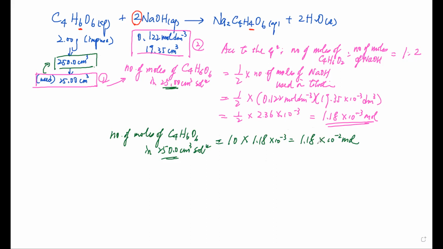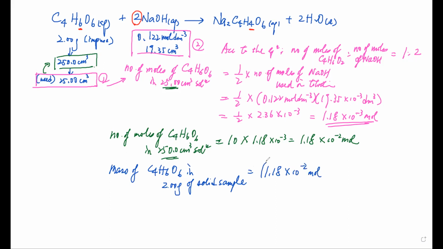Now, you use this data and you may go back to the grams of the acid found in the soil sample, but it's not 2.00. It's not 2.00. How do I know? So you are going to get the mass of C4H6O6 in the 2.0 gram of soil sample, which is 1.18 times 10 to the power minus 2 mole times its molar mass.